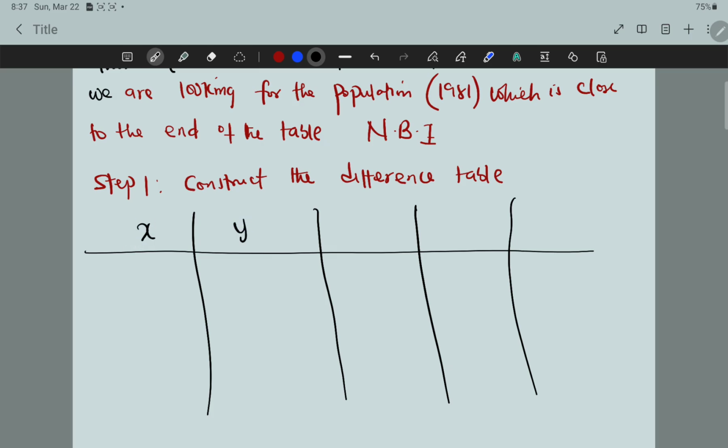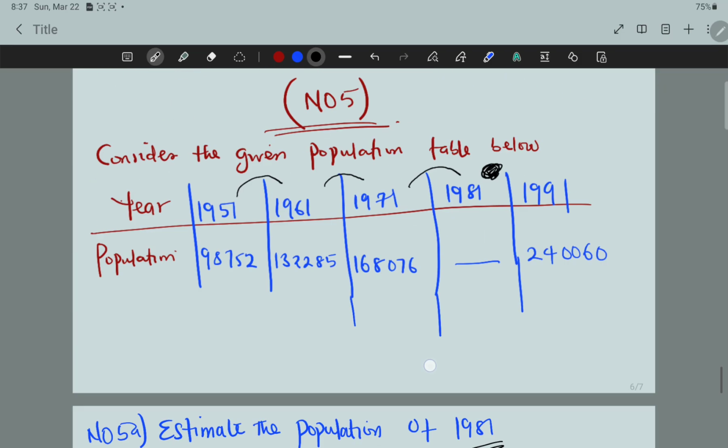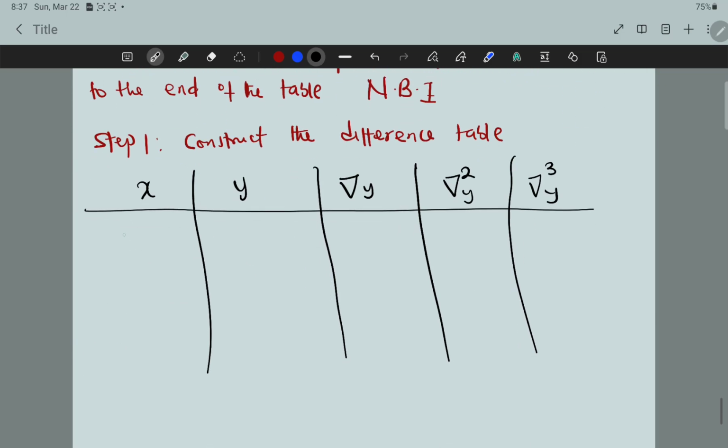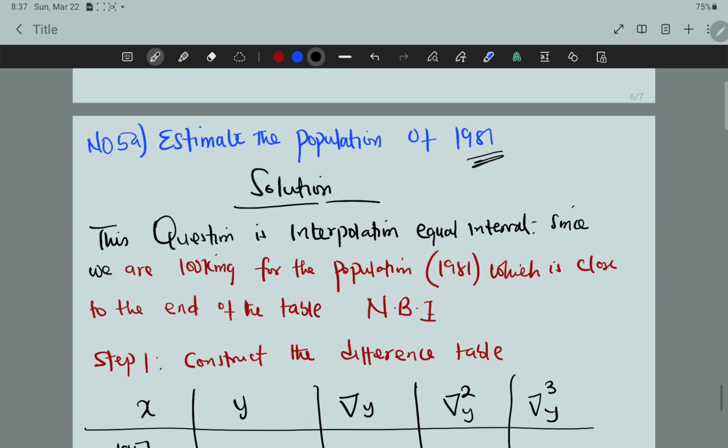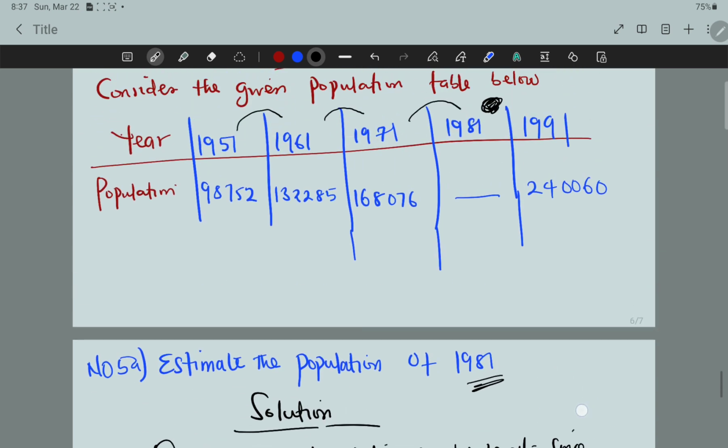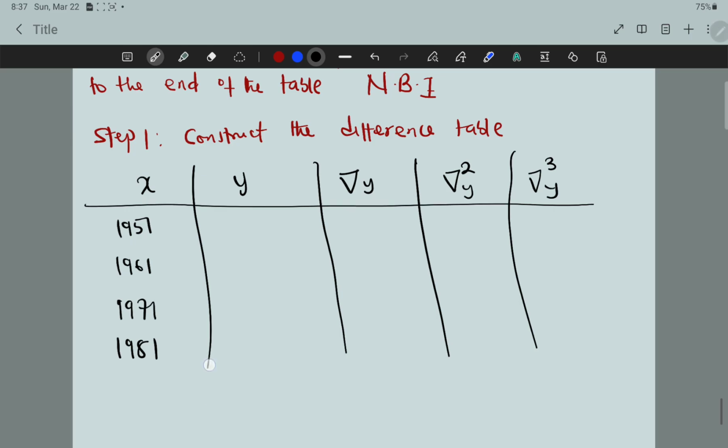I'll call this one x, this one y, this one backward difference of y, then backward difference squared of y, backward difference cubed of y. The x values I arrange here: 1951, 1961, 1971, 1981, 1991.